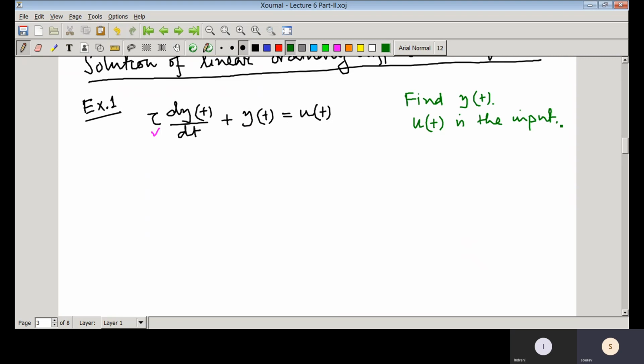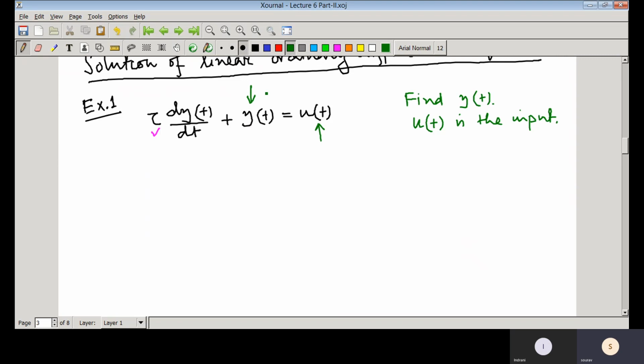You have learned in mathematics how to find that solution, but from the system theory point of view, if you apply an input u(t), what would be the response y(t). And this particular differential equation represents a physical system.